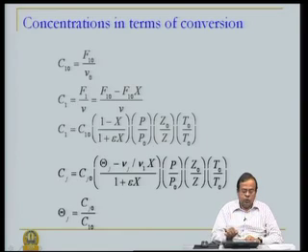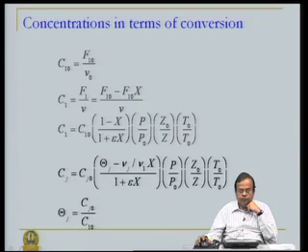If you put all these together, for my key species, concentration C1 changes from its inlet concentration, which is dependent on the conversion, which is dependent on how pressure changes in the reactor and how temperature changes in the reactor. And similarly, we can write a similar equation for all remaining species 1, 2, 3, 4, 5 up to n, whatever species are there, and express concentration in terms of conversion.